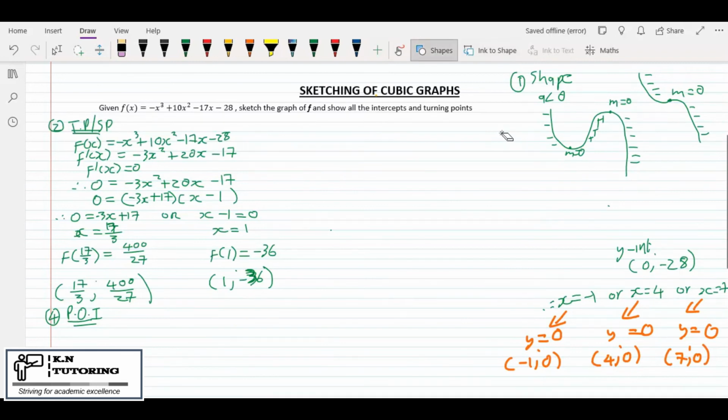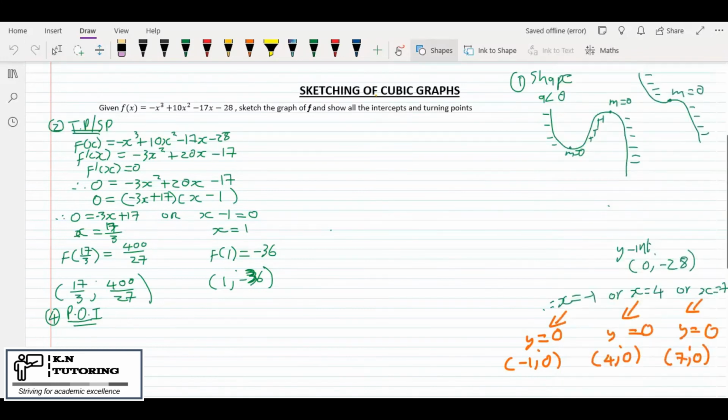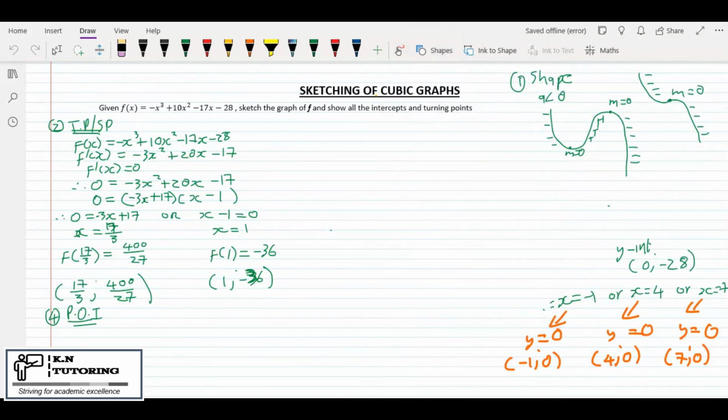Okay, let's see if I can get, yeah, I want the Cartesian plane. Just a second. Okay, now this is not what I want. Let's look here. Yeah, this is what I wanted. Oops, what happened?